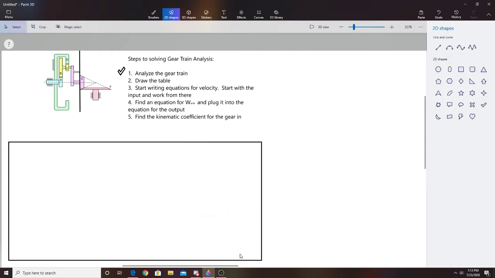Alright. This one has 1, 2, 3, 4, 5, 6. So it needs 7 columns, I do believe, for the first one. Oh no, we don't have to include that, do we? So 1, 2, 3, 4, 5, 6. Okay, it only has 6 then. So let me go ahead and do that, straight up and down.